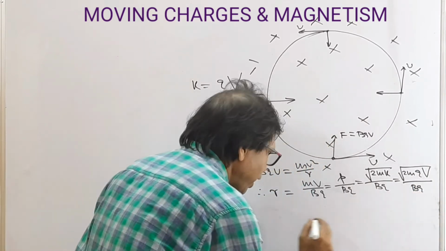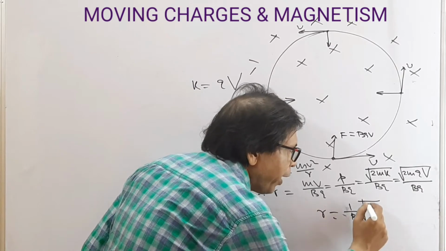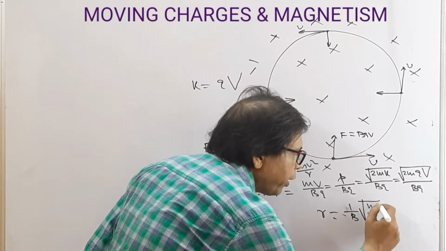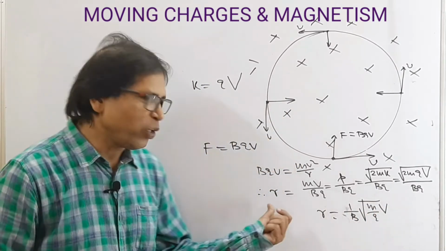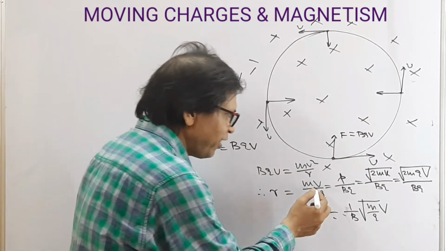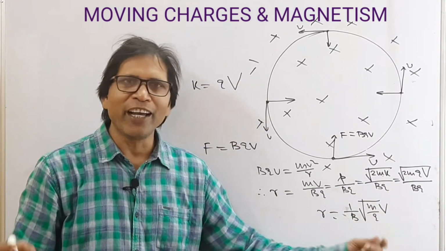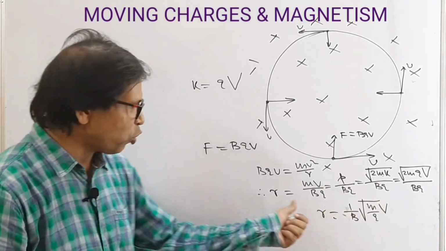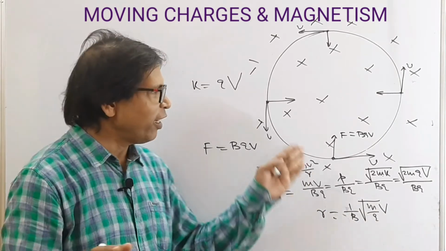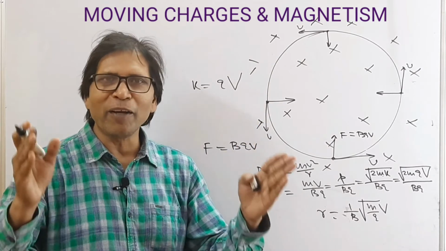So R equal to 1 by B root of m by q into V. So the expression of radius is this and this.